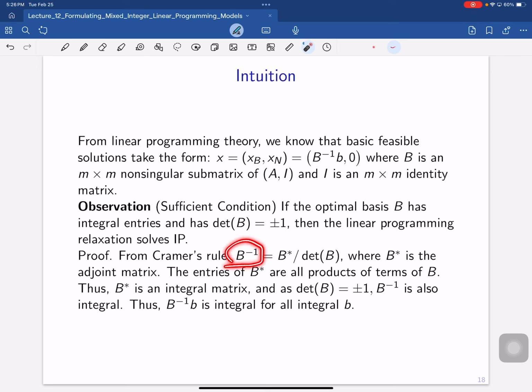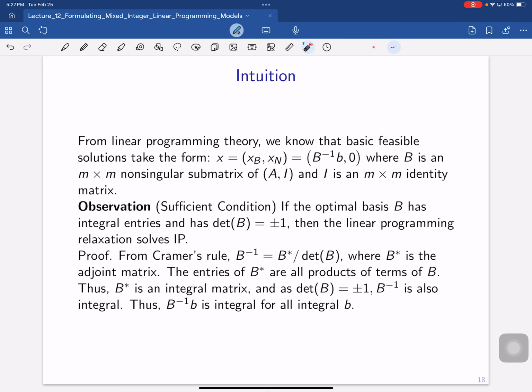Maybe you still remember this so-called Cramer's rule. B inverse can be represented using the adjoint matrix of B. Remember what the adjoint matrix is, I think it's related to removing one row and column and taking the determinant, something like that, right?